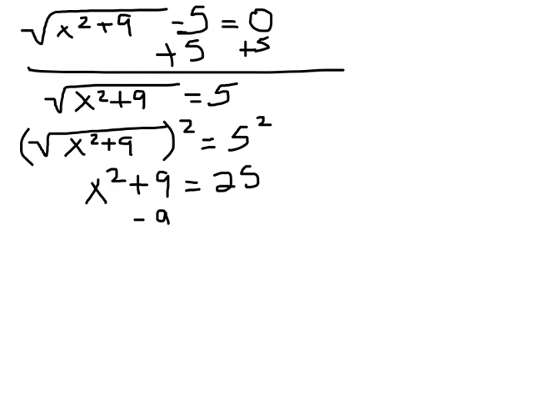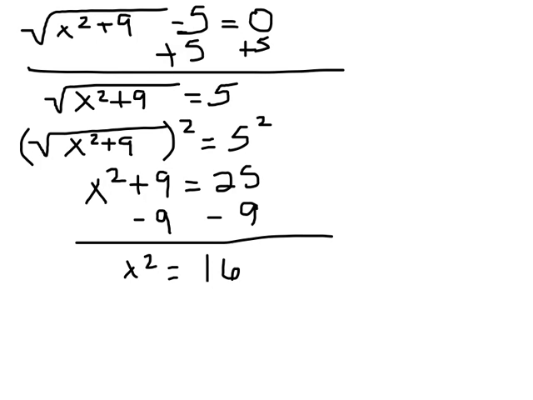Alright, and then we subtract 9 from both sides, and 25 minus 9 is going to be 16. So x squared is equal to 16.